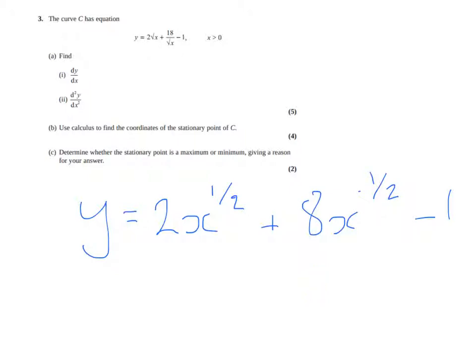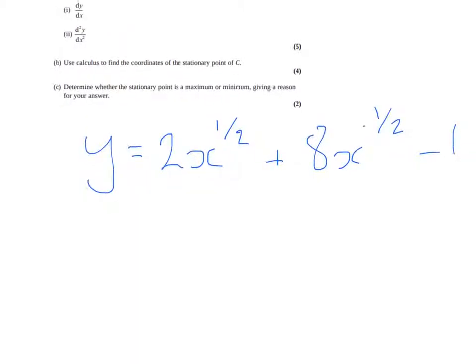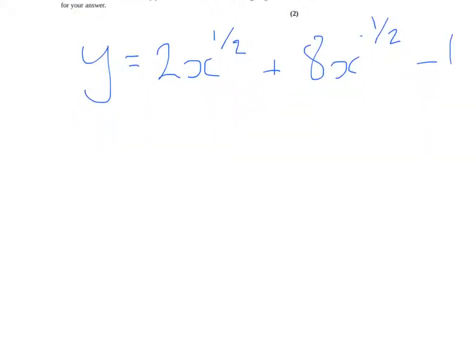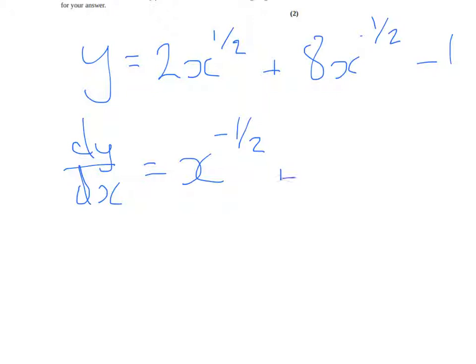There we go. Okay, differentiate it, and we get dy dx equals x to the minus a half minus 4x to the minus 3 over 2.